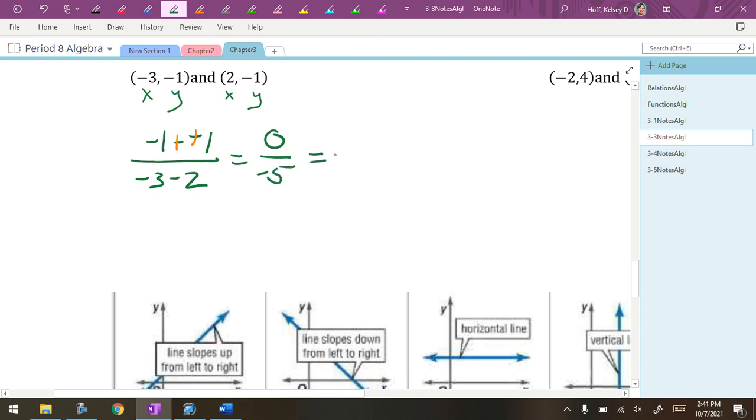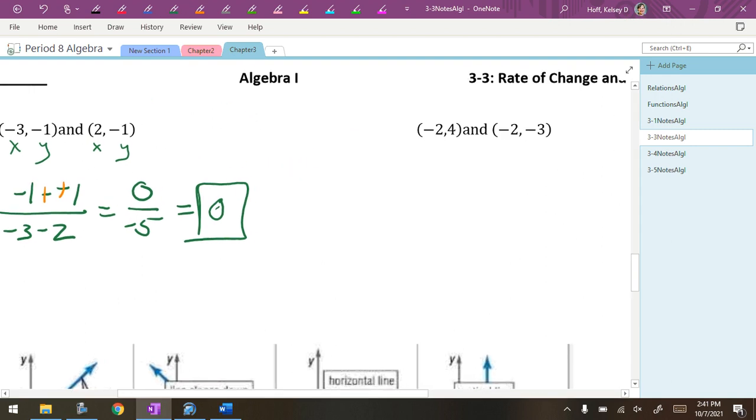What is 0 divided by -5? 0. If you have 0 of something and you want to split it into groups, you don't have anything to split up. So you're going to make 0 groups. Okay? Do the next one.